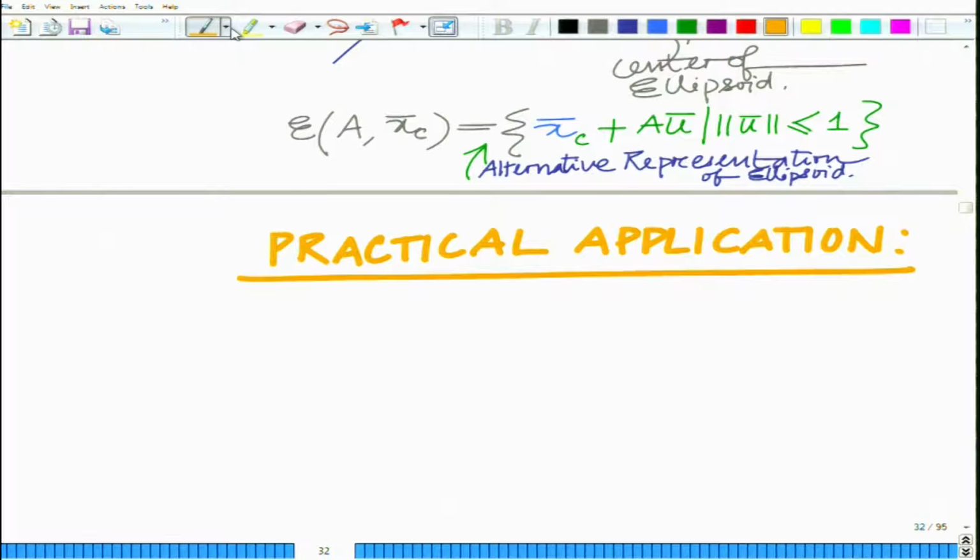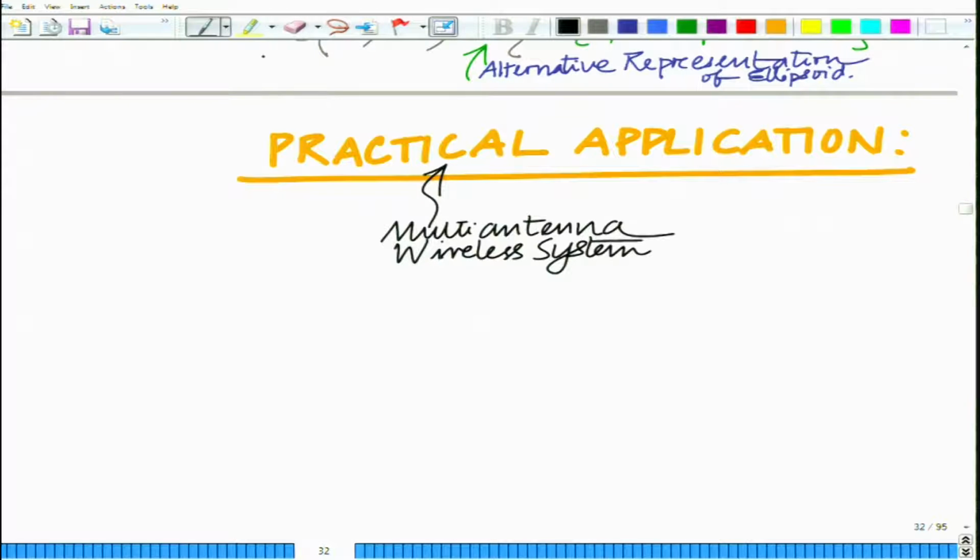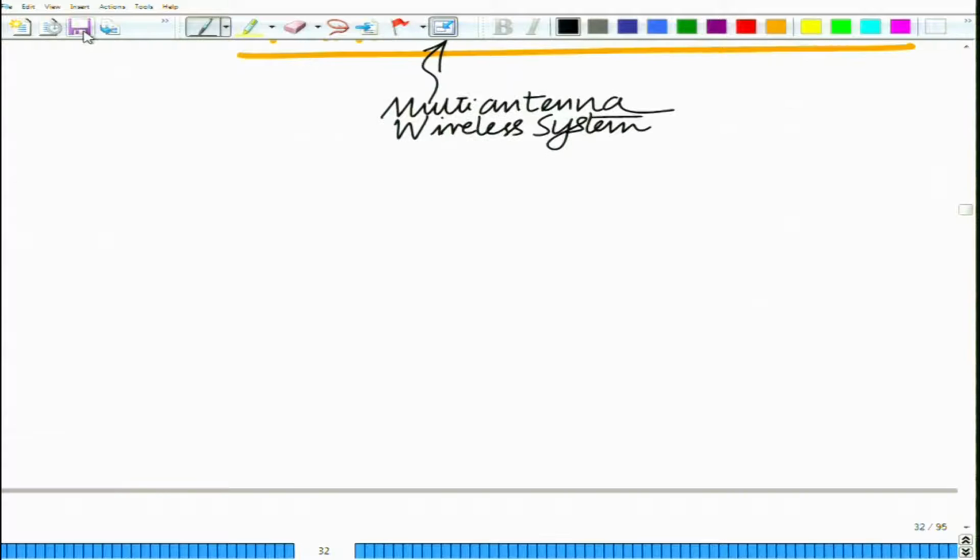Again, we will look at a multi antenna wireless system, similar to what we have seen before.